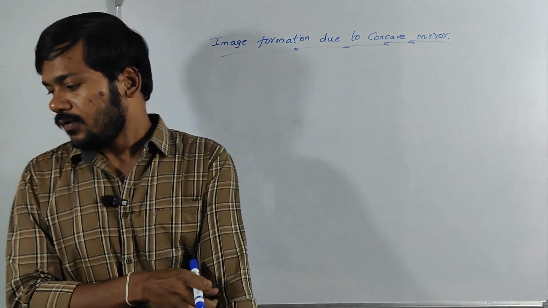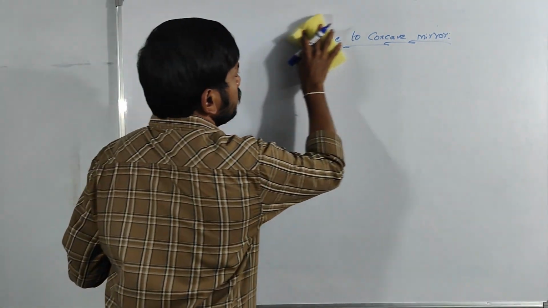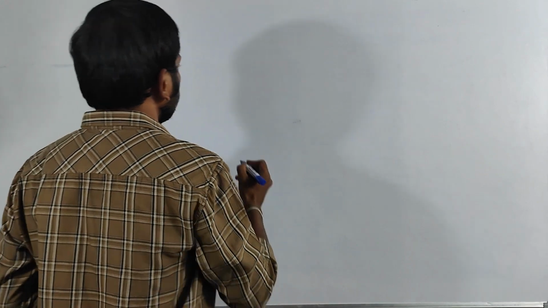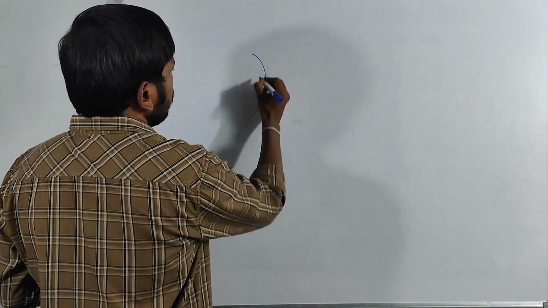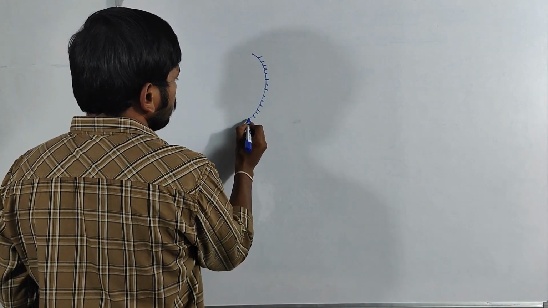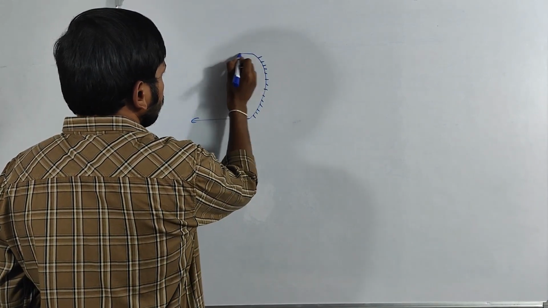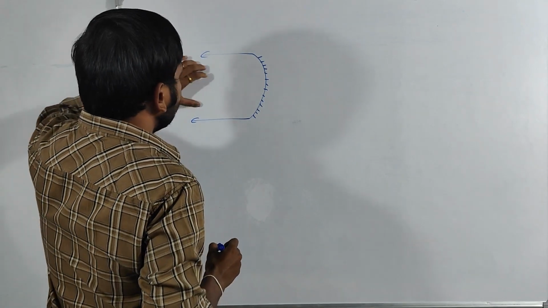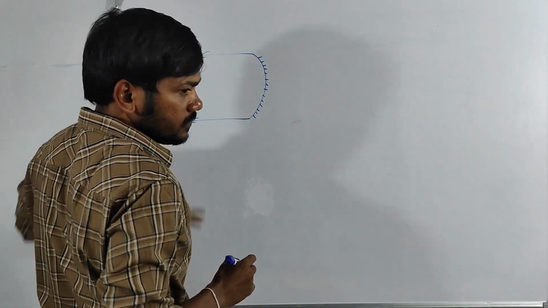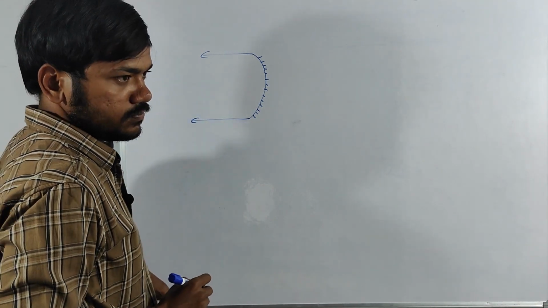Now, before going to image formation due to a convex mirror, we'll discuss some gradual differences between the concave mirror and the convex mirror. If I take a concave mirror, its field of view is less. That means it can only get the light within its aperture, or slightly more.